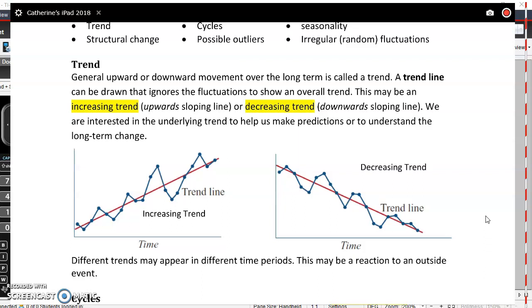They're still fluctuating, but underneath it all is that trend line, so that we can start to understand what's happening over a longer term. The one on the right is a decreasing trend. The time periods don't have to be over years. We could be looking at weeks or even days. It just depends what we want to look at and the situation.